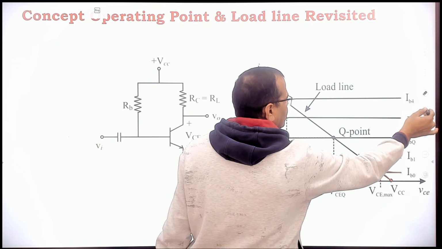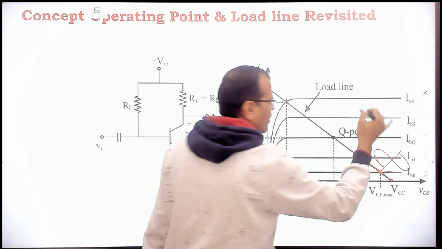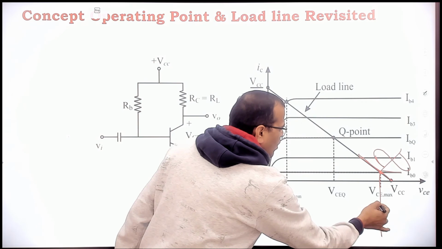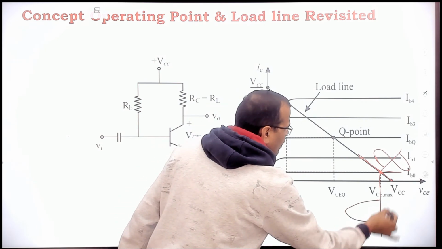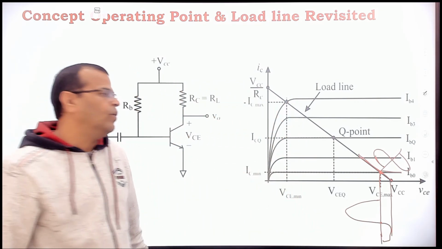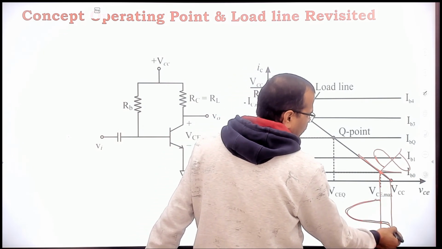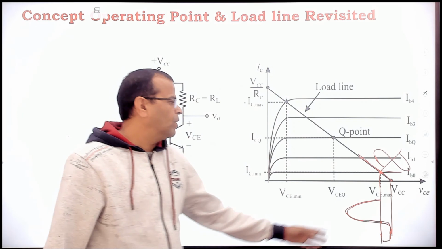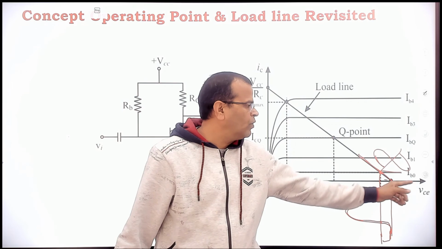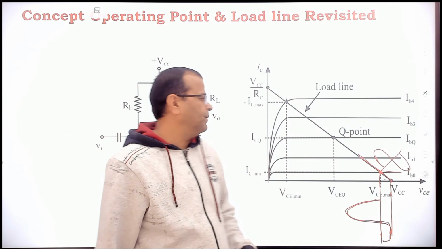But see this, my voltage VCE will be sinusoidal here, but after this it will become flat like this. It will be sinusoidal, but on the upper side it will be limited to voltage VCC, because your voltage VCE cannot increase beyond VCC, that is the maximum possible value of voltage VCE.